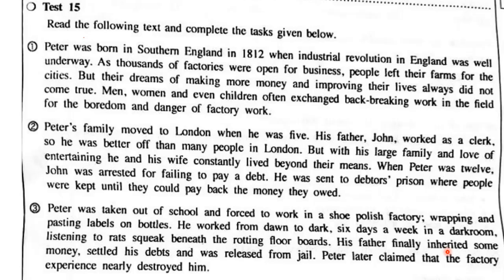For example, I will give this particular property to so and so. So somehow his father got some money through some inheritance. That means somebody from his family had died and they had written something in their will. Okay, I will give 50,000 to John, something like that. So he got that money and he settled his debts and was released from jail.